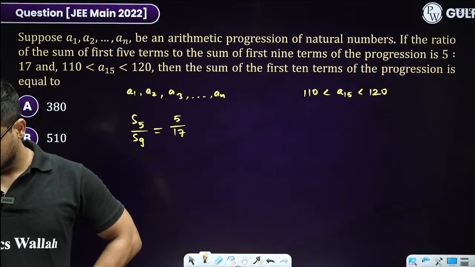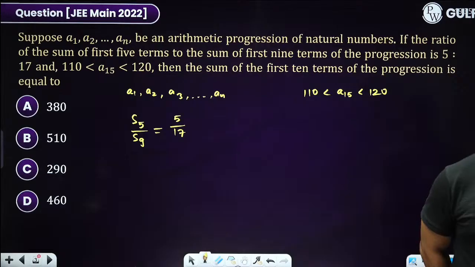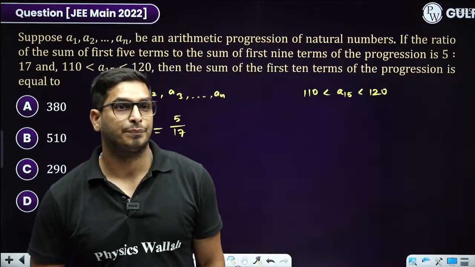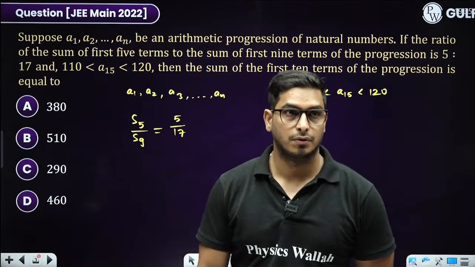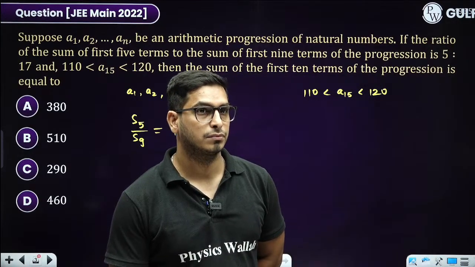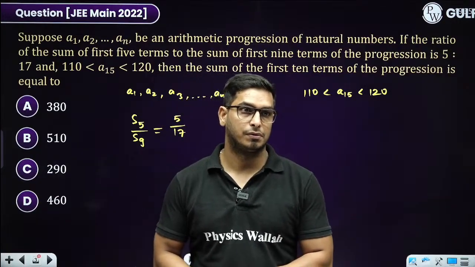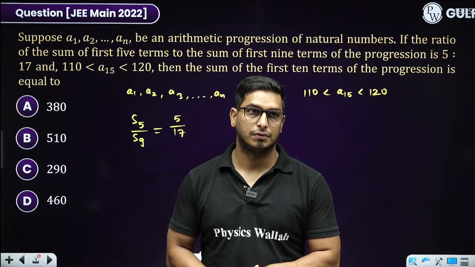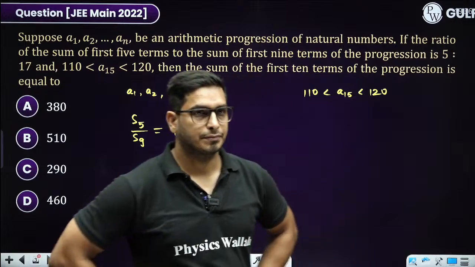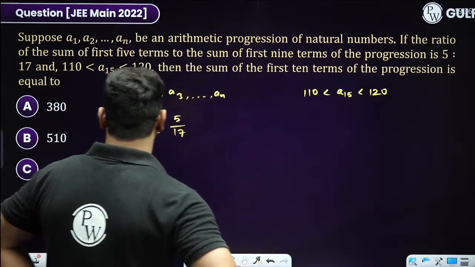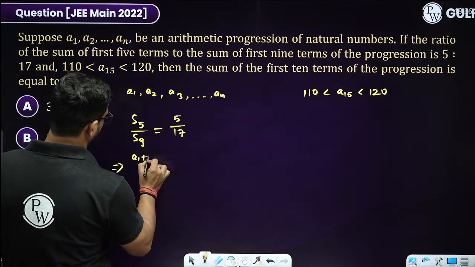We equate the terms and get d equal to 4a. Then we substitute into the sum of 10 terms, 10 by 2 into 2a plus 9d. We'll get 38a. Since 110 and 120 are the bounds, I think we put 190 into 2, 380.